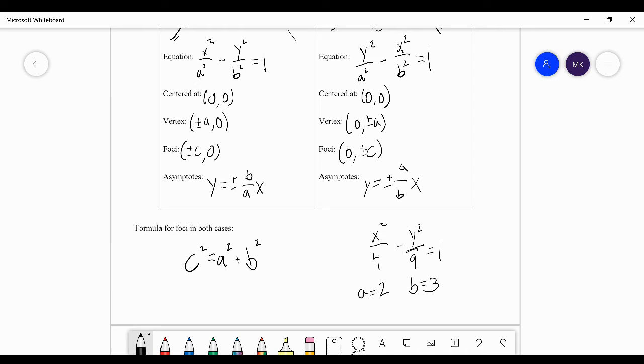Now, if these equations were written with a square in there, then those become our exact a and b values. But as is, just do it like that. So that is our very simple example with it being centered at the origin.